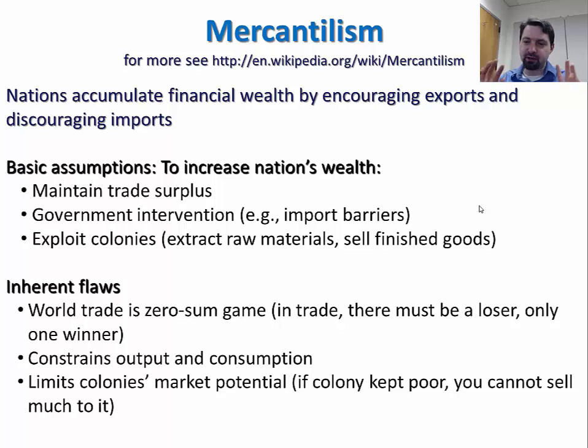Again, let's think about countries as people. Would you like to have neighbors who are poor and unskilled, or neighbors who are skilled and rich? And if you are like me, you probably want to have neighbors who are skilled and rich. And the reason for that is, if they are skilled and if they are rich, on the one hand, they can buy more from you, so they can give you more money.